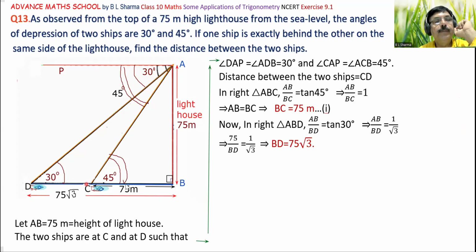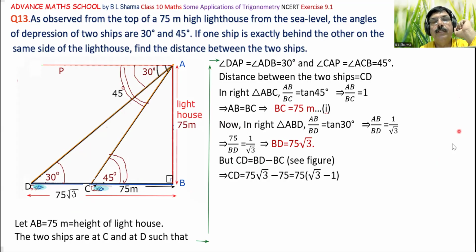The distance BD is 75 root 3. We need DC, so DC will be BD minus BC, that is 75 root 3 minus 75. Take 75 common: 75 times (root 3 minus 1).